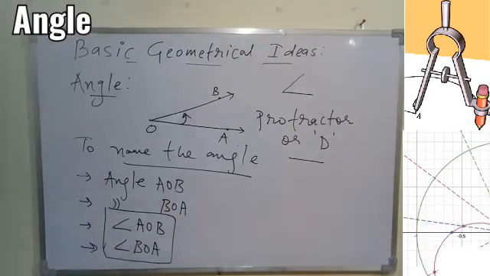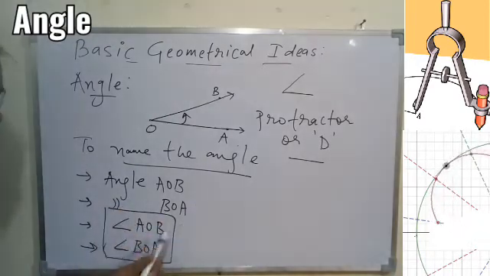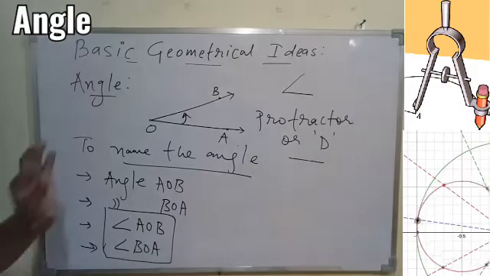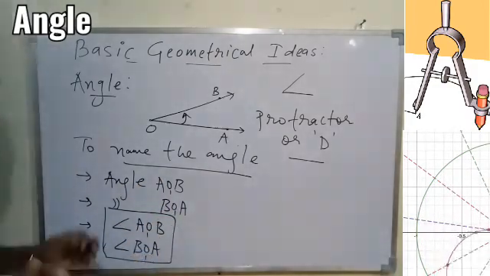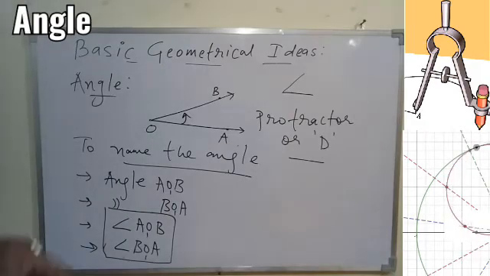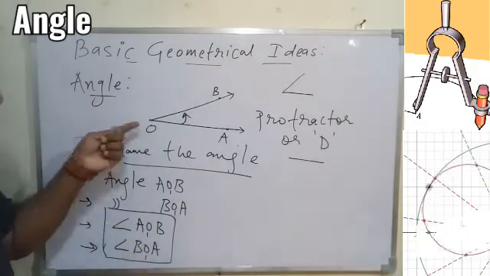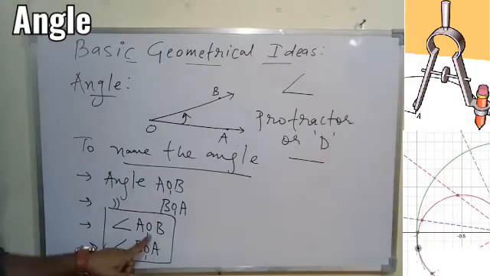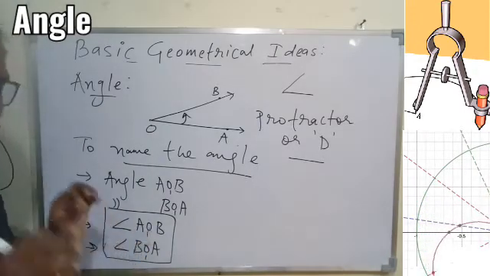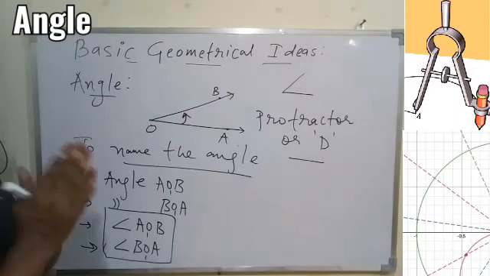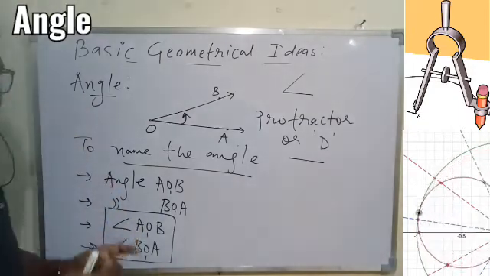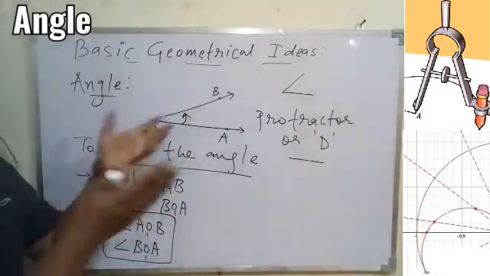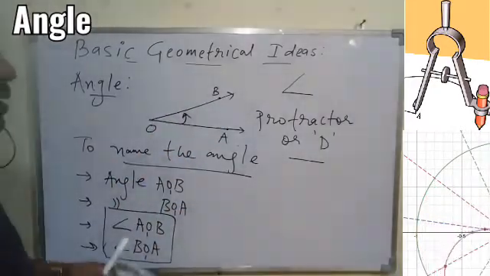So I hope you understood how to name the angle. One thing to understand here: whether we write angle AOB this way or this way, something is common all the time, and that is O. And O is always at the center. So whenever we write the angle, the vertex must be at the center, between the two different letters we have.